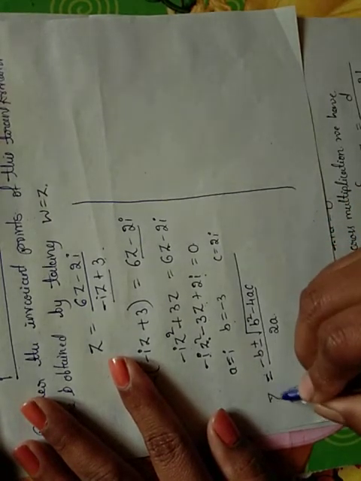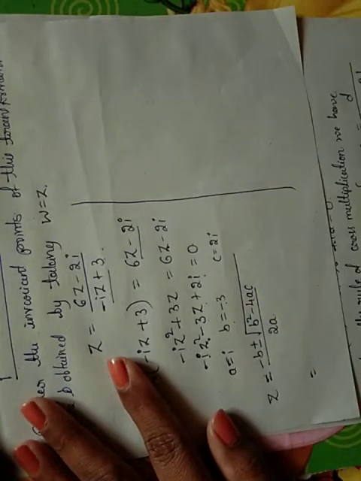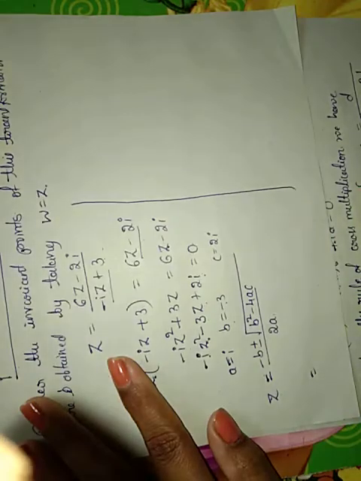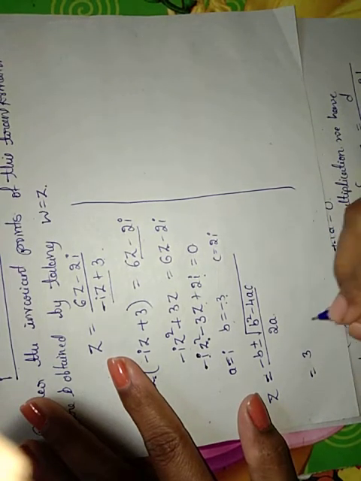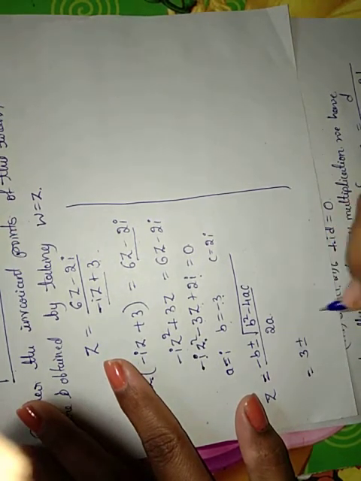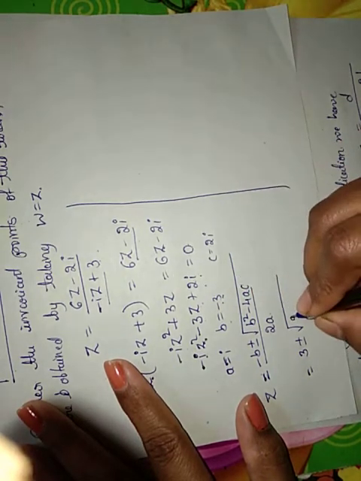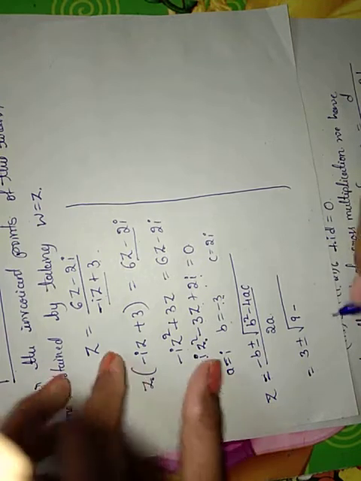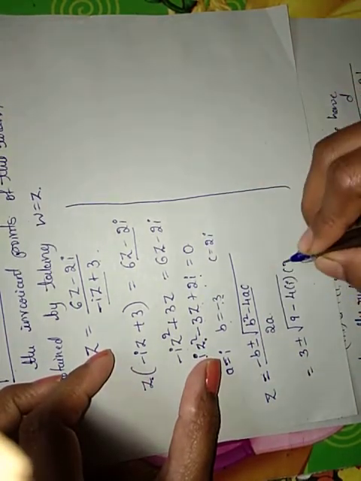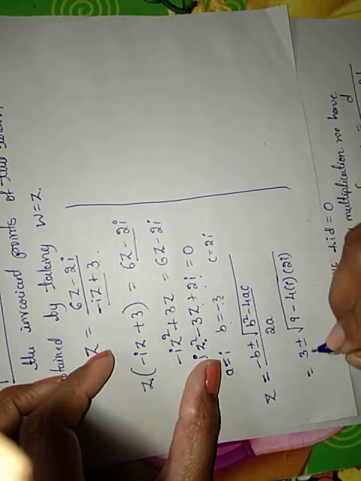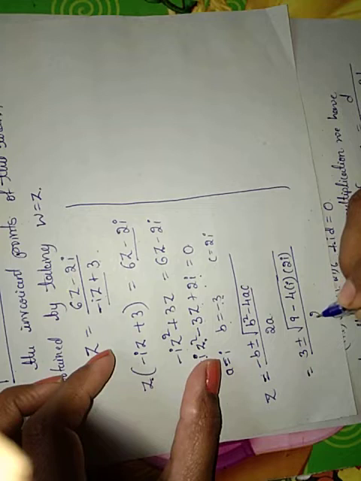So minus b is equal to minus of minus 3, plus or minus square root of minus 3 whole square is 9, minus 4 into a into c, divided by 2a, 2 into minus i.